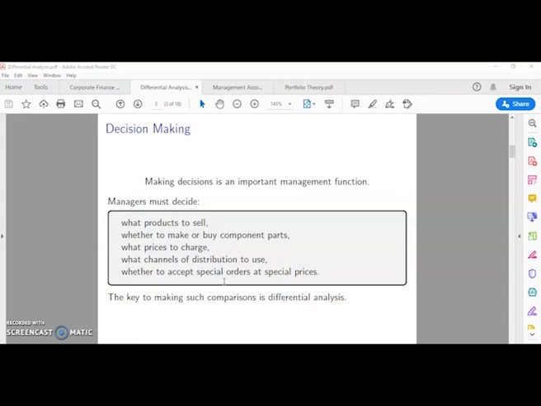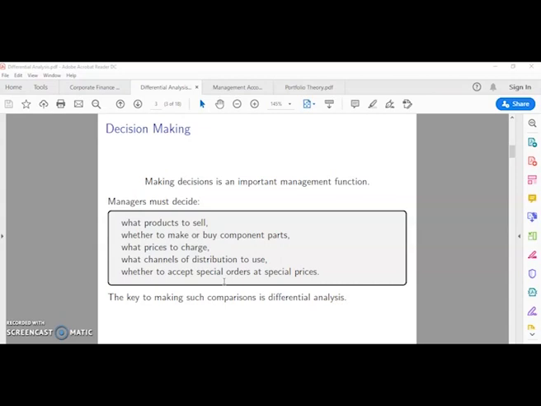Or they have to make decision whether to make or buy component parts. So in some industries, in fact, the companies get their material, their main components for finalizing the product from outsourced suppliers. They don't produce every small part or component of the final product.